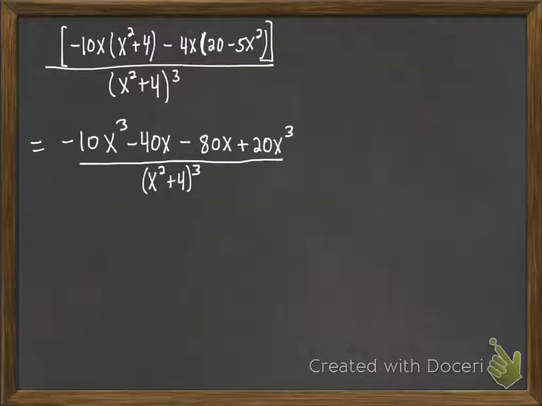Okay, we have a few like terms here that we can combine. We have a negative 10x cubed and a 20x cubed. So we put those together, and we have 10x cubed.